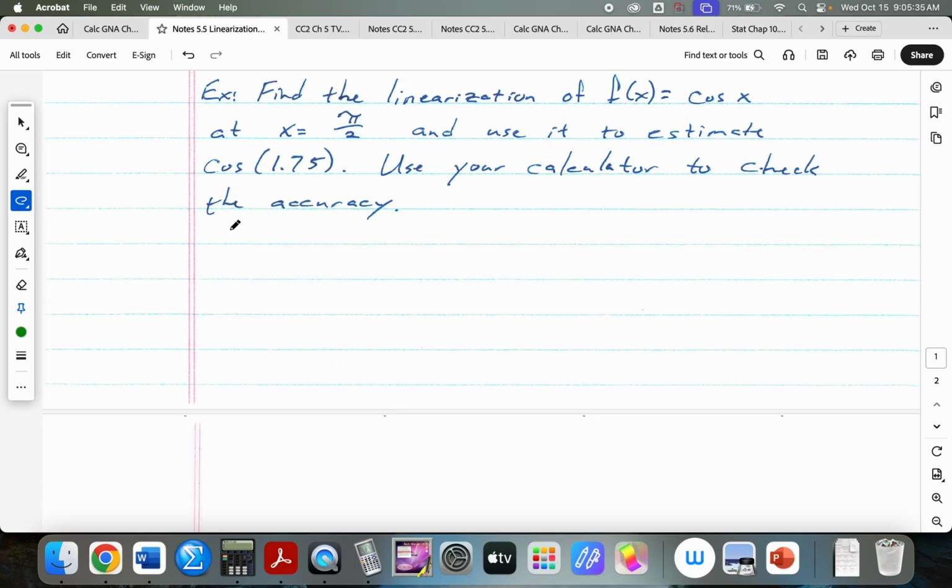All right, so f at pi over 2 is cosine at pi over 2, which is 0. f prime of x is negative sine of x, so that f prime at pi over 2 is negative sine at pi over 2.